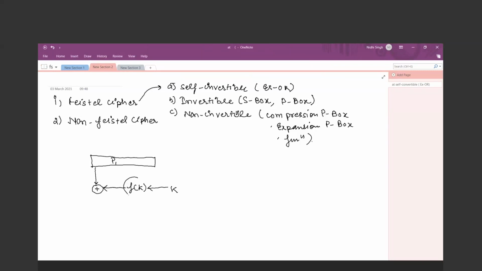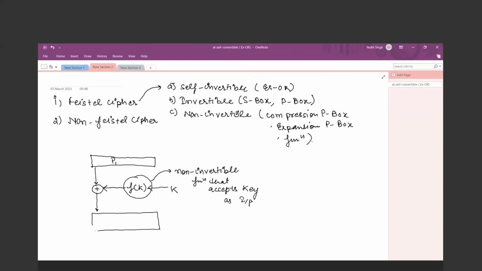So this F key is termed a non-invertible function that accepts key as input. Now after performing this, whatever output is generated will be termed the ciphertext. So this one will be termed a mixture.